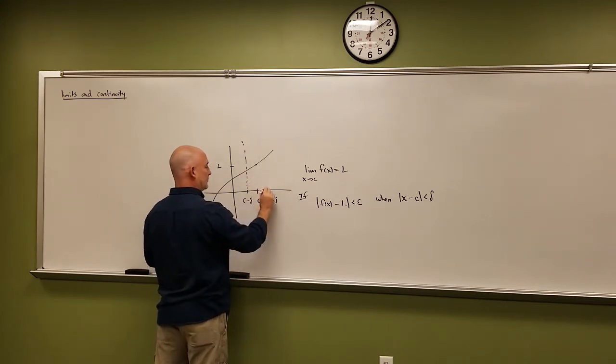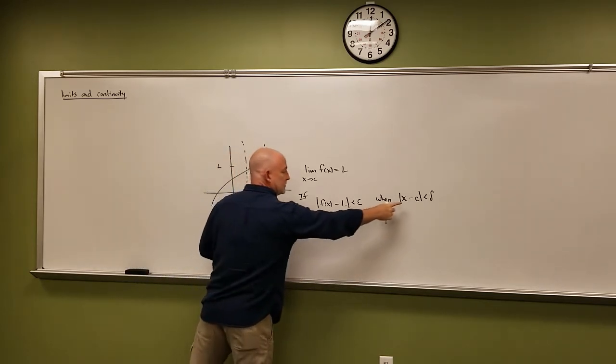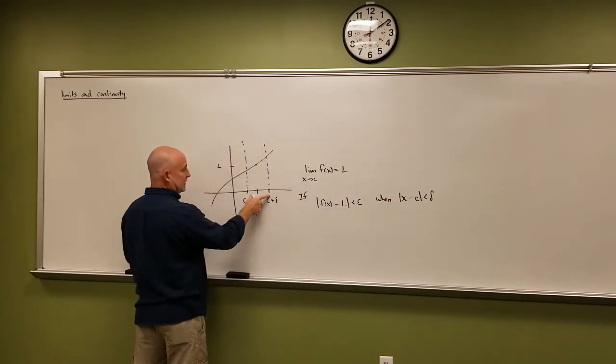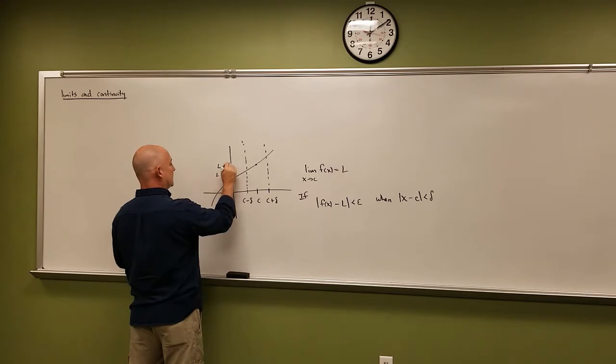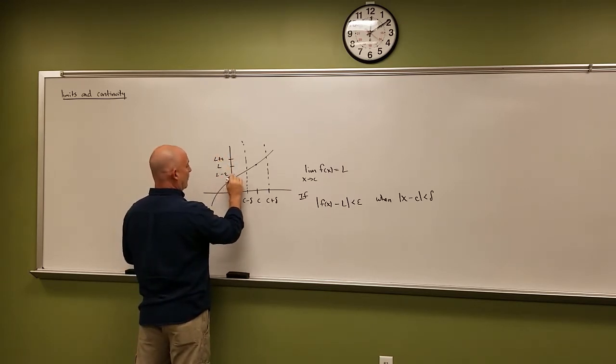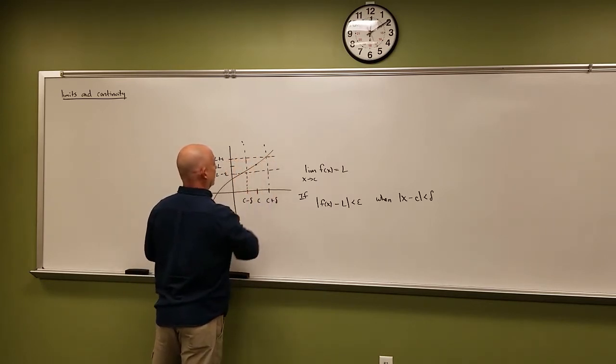And as long as the distance between x and c is less than delta, so that's inside this window, are all the y values up here, so this would be L minus epsilon and L plus epsilon, I think my picture is a little bit wrong, are all the y values inside of there?